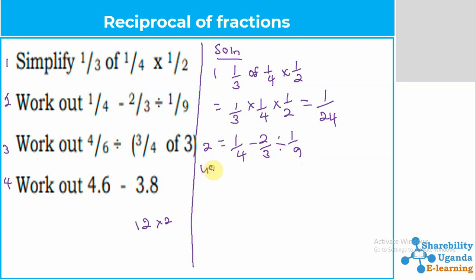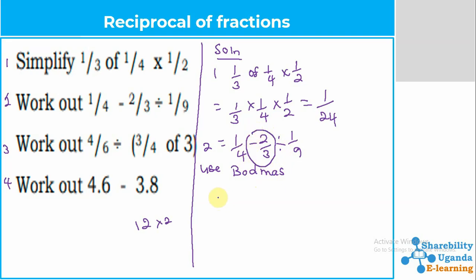So we shall use our bracket of division, multiplication, addition and subtraction order. Our division is going to come first, and our subtraction is the last.